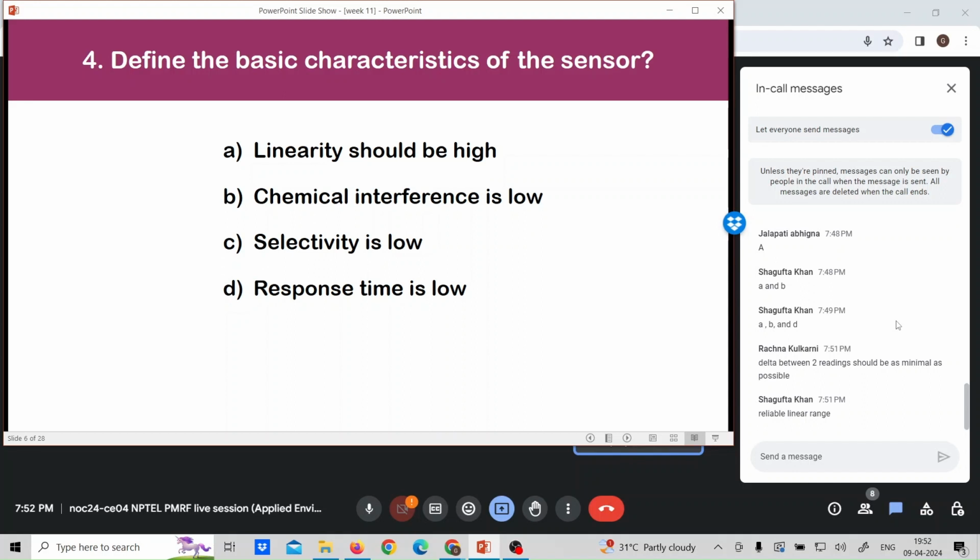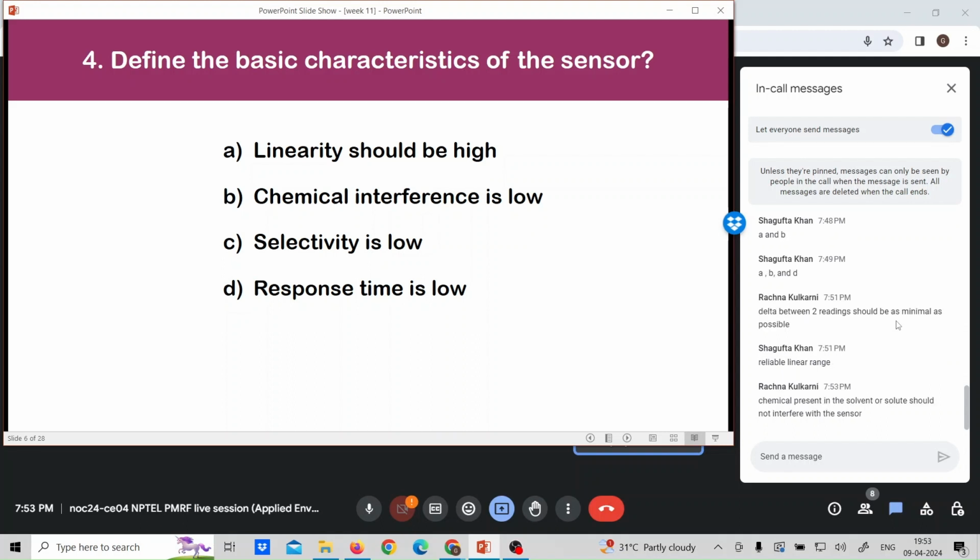And what is chemical interference? Chemicals present in the solvent or solute should not interfere with the sensor, right?